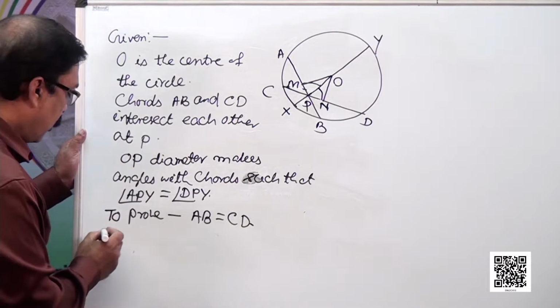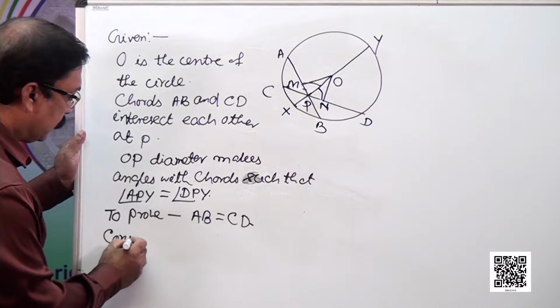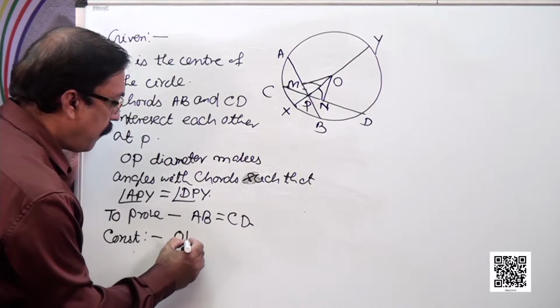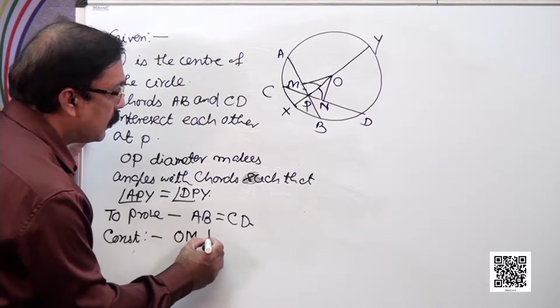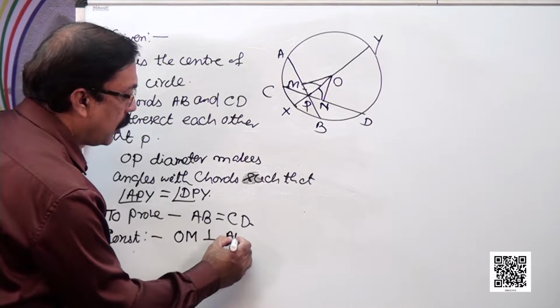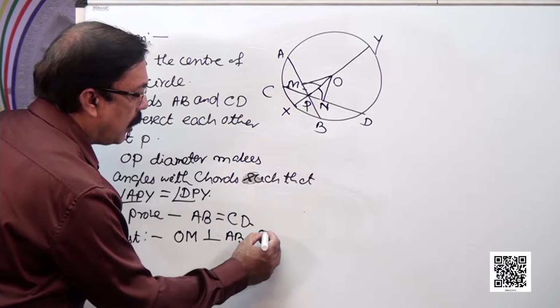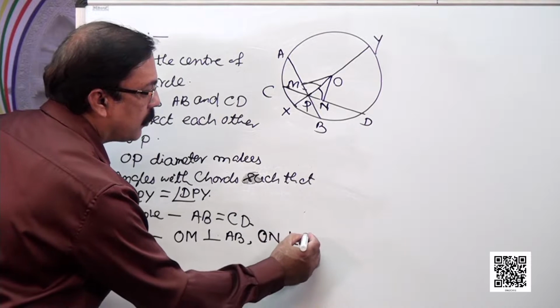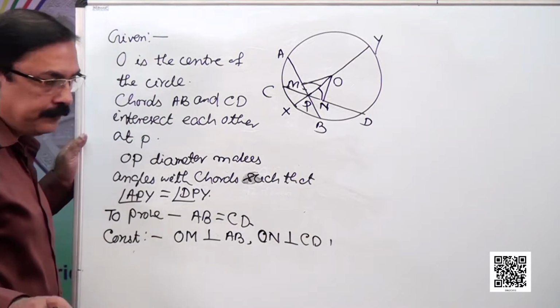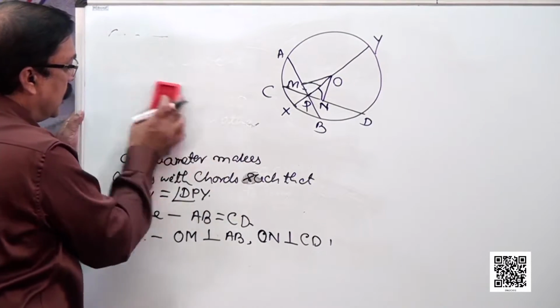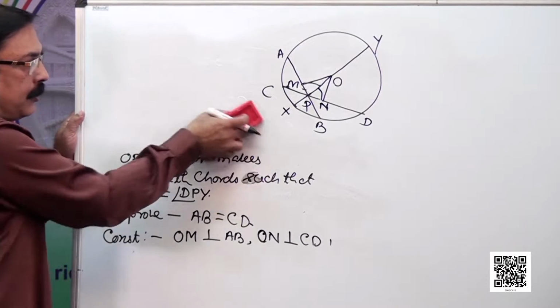So, we can say construction: OM is perpendicular to AB and ON is perpendicular to CD. Now, let's see how to prove.